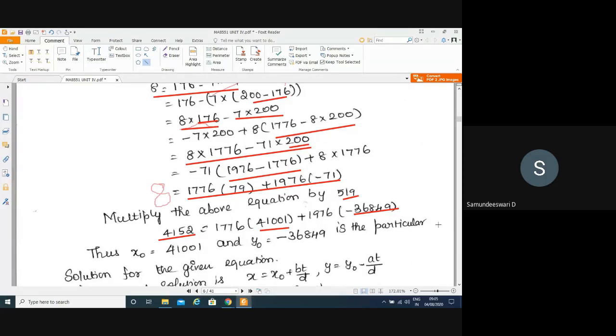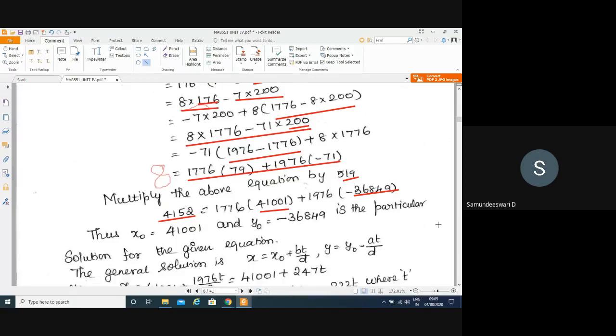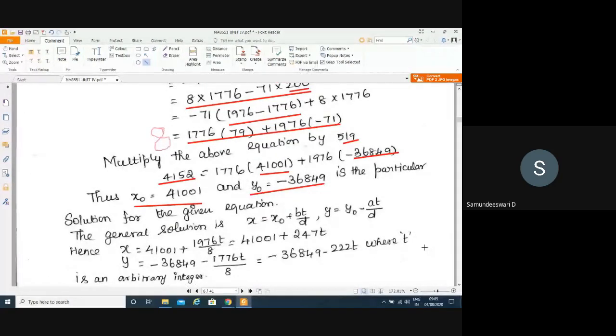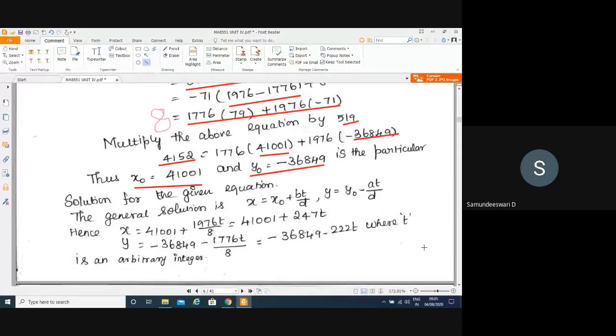So now it is of the form c equal to ax naught plus by naught, though we started with d equal to ax naught plus by naught. So now the x naught value is the first bracket term and y naught is the second bracket term. So x naught and y naught are the particular solution for the given equation.